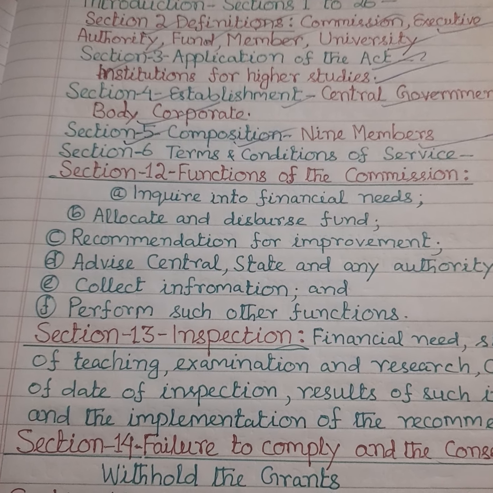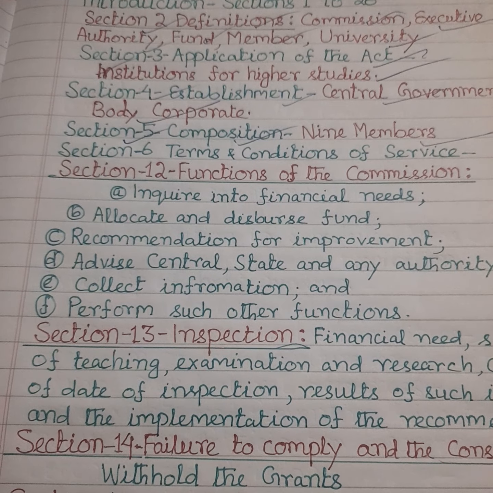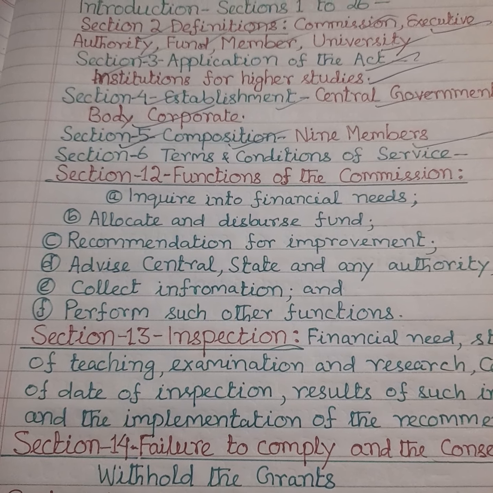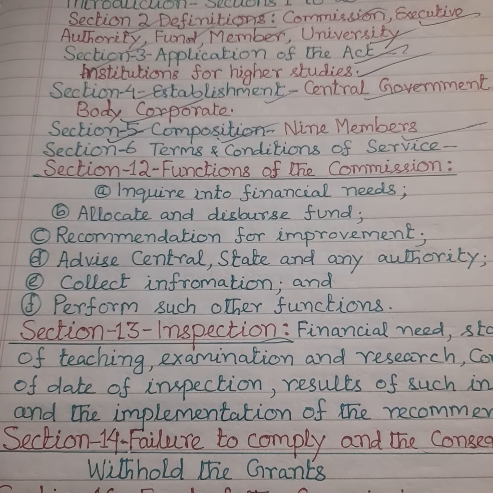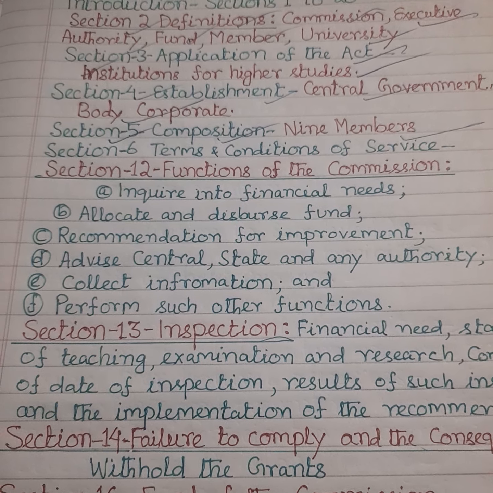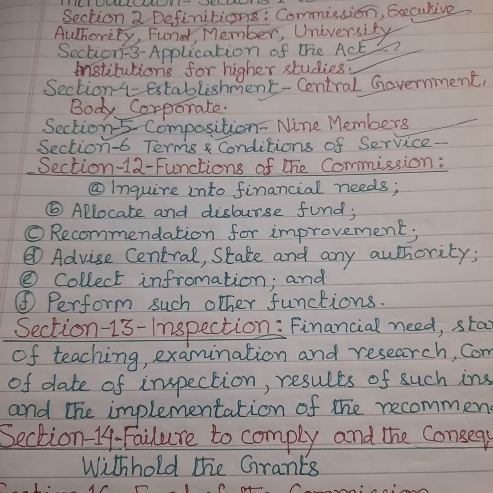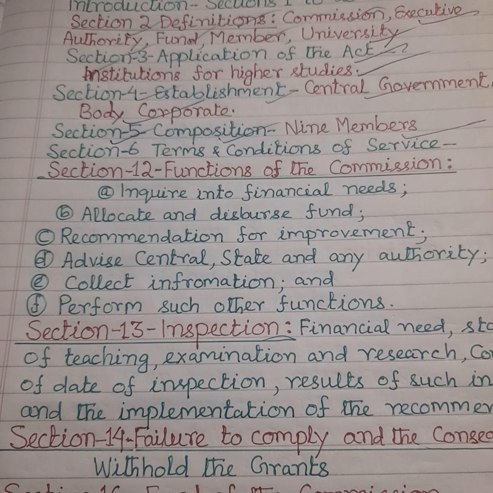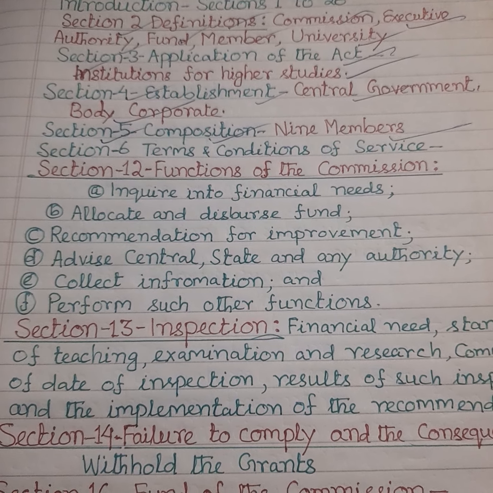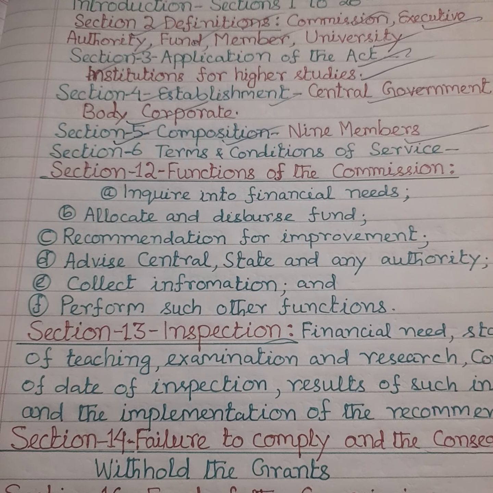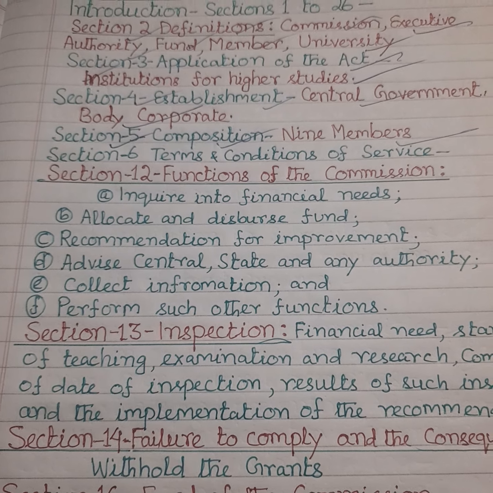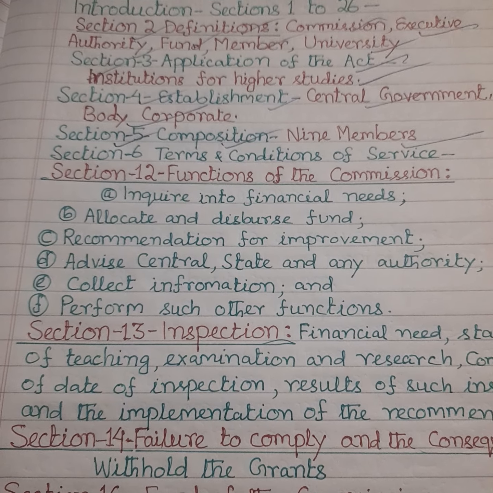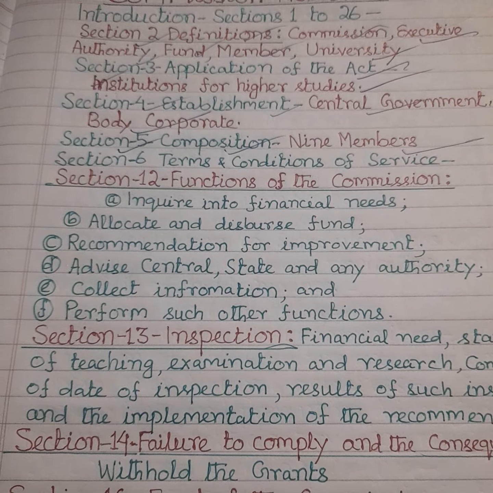The central government shall nominate a member of the commission, not being an officer of the central government or of any state government, to be the chairman of the University Grants Commission. Every appointment under this section, that is Section 5, shall take effect from the date on which it is notified by the central government in the official gazette.